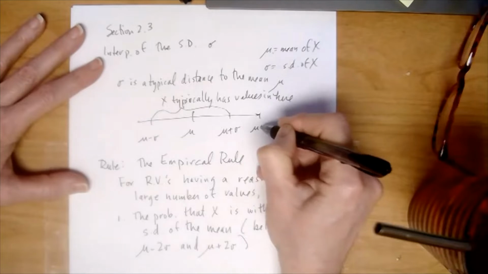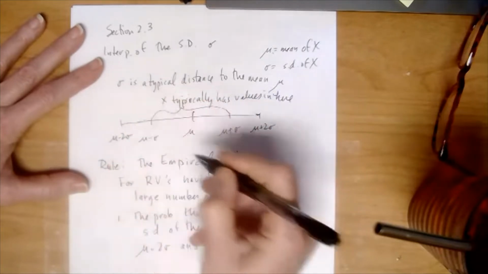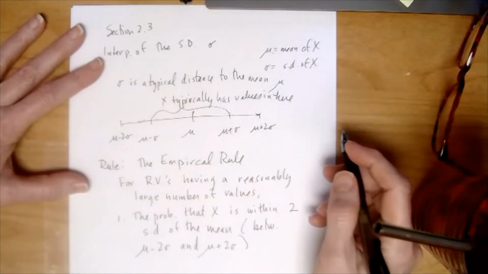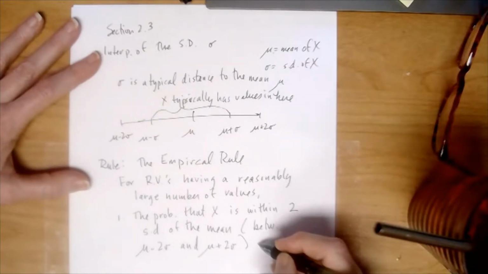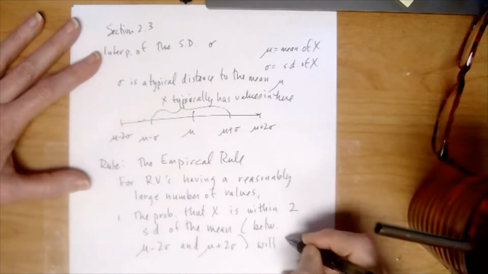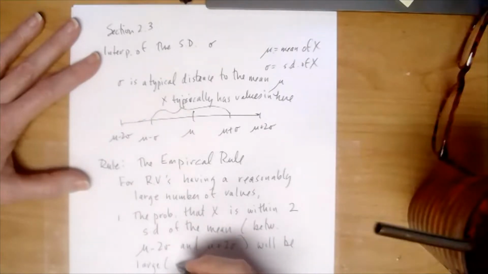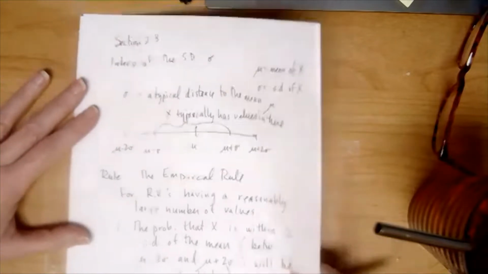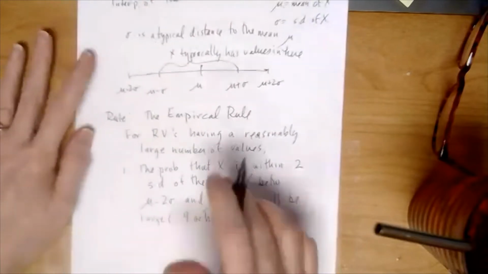If we add another sigma, we have mu plus 2 sigma, mu minus 2 sigma. Right? So the values between here and here, this probability will be large. And so how large? Like 0.9 or higher. All right, so 90% of the time or more.